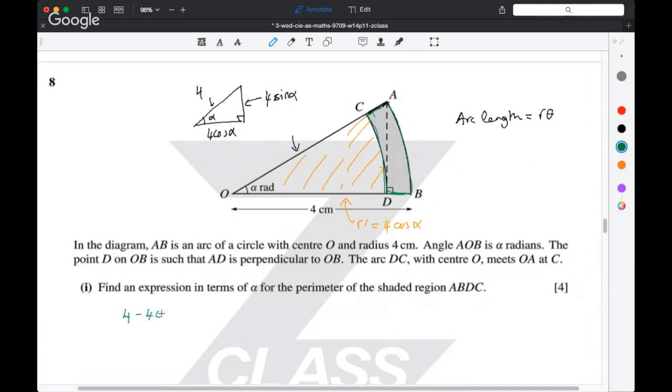So that's 4 minus 4 cosine alpha, and there's two of those, two little pieces, plus the arc length of the bigger piece, which is 4 alpha, because the radius of the big piece is 4, plus the arc length of the smaller piece, which is going to be 4 cosine alpha times alpha, and this is equal to the perimeter.